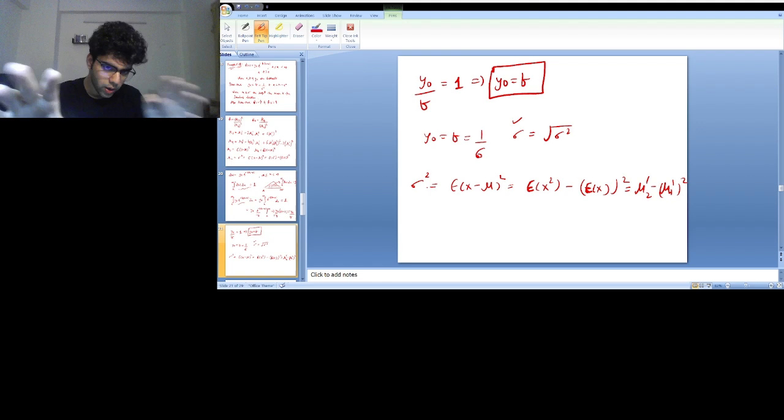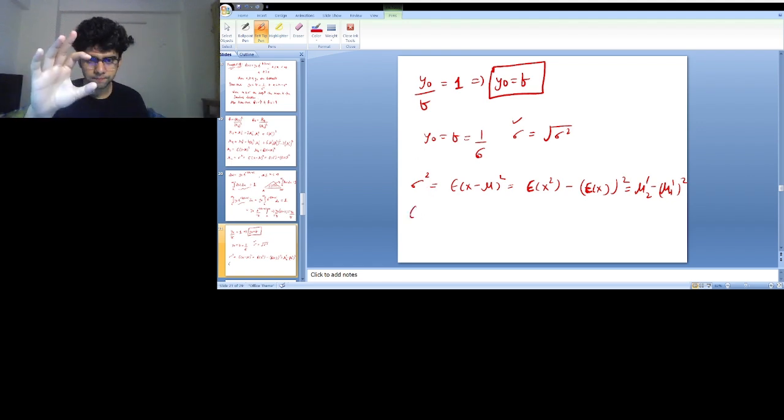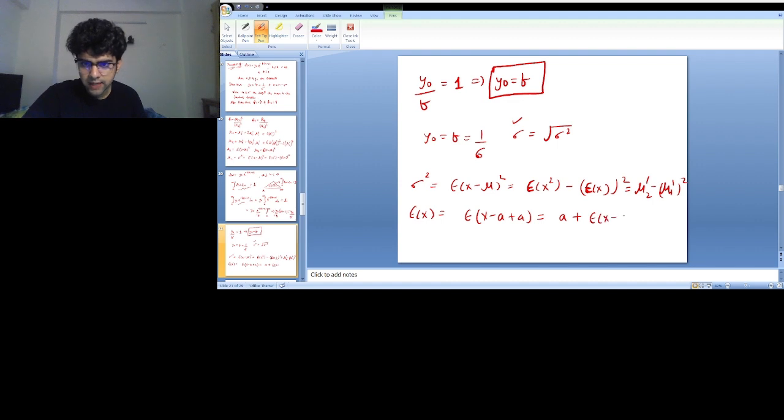So for finding sigma square, I need to find E(x). How can I write E(x)? Can I write E(x) as E(x minus a plus a), right? This is the same thing. So if I just take out a from this expectation operator, I'll be left with a plus E(x minus a), right? So therefore my E(x) is equal to a plus E(x minus a).